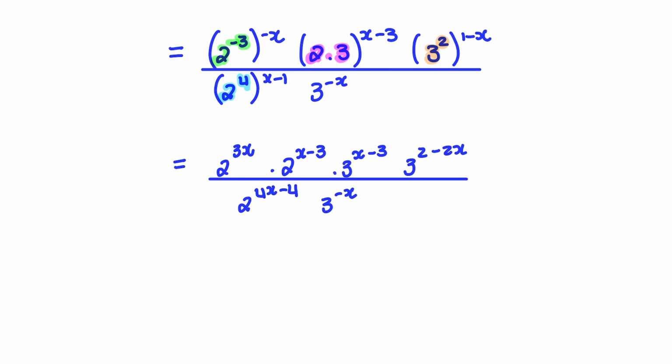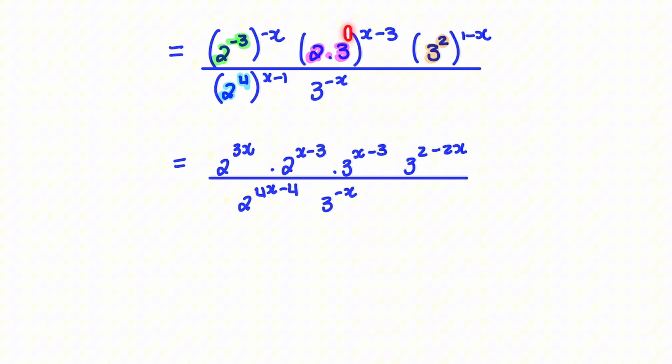What I do next is I remove these brackets by multiplying the exponents with one another. So first, negative 3 multiplied with negative x becomes plus 3x. Then we need to be careful with our middle term here. We have 2 to the power of 1 and 3 to the power of 1.